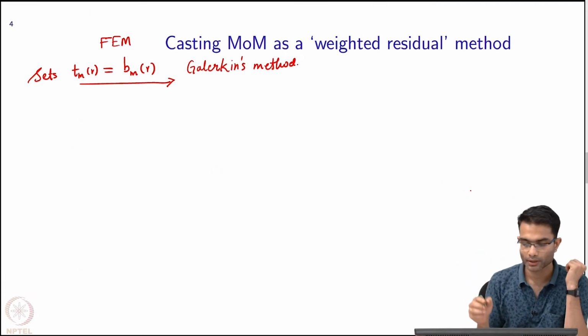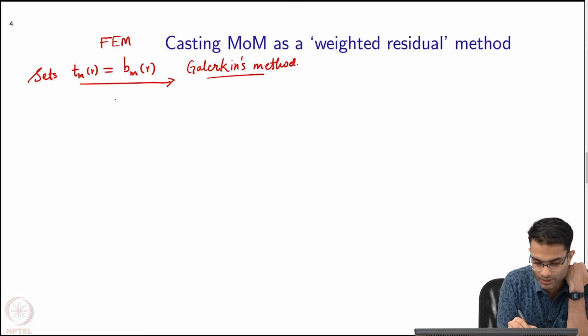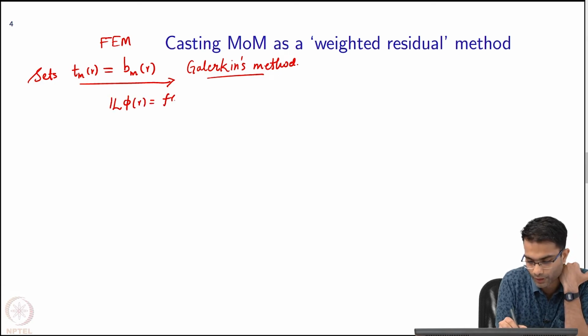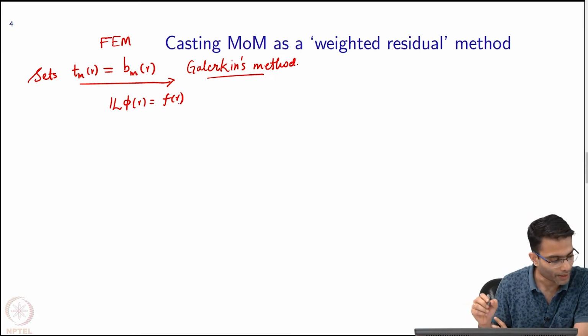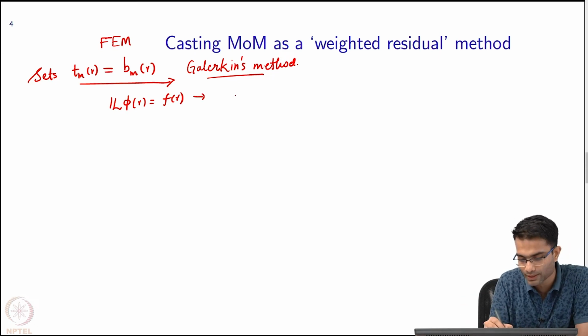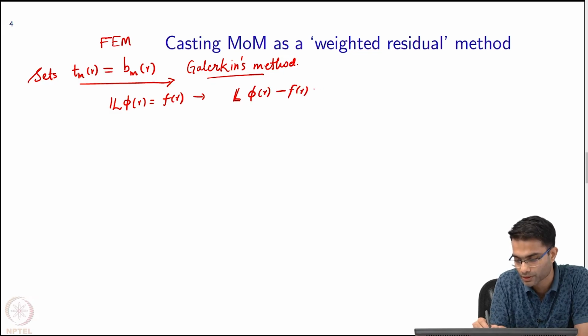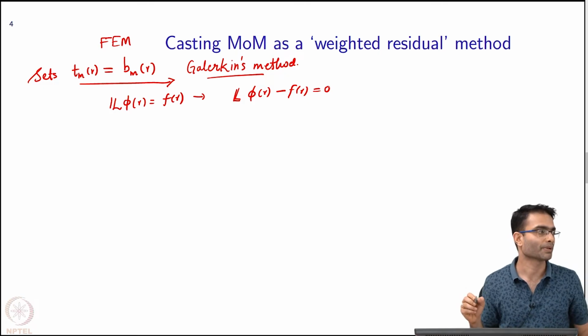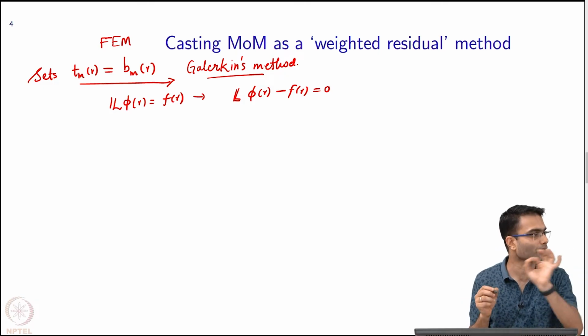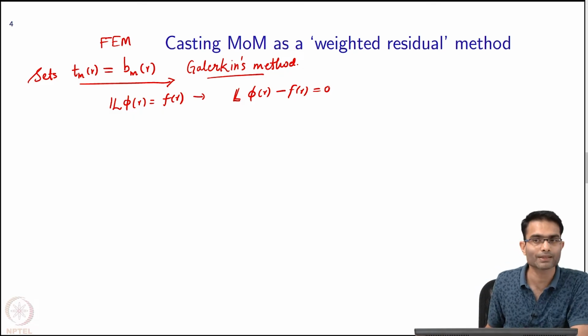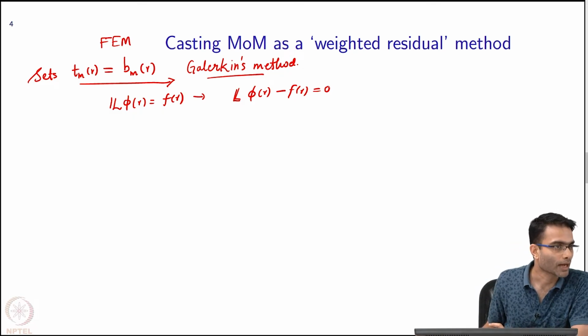So, what we can do with this is, this same equation that I had, L of phi of r is equal to f of r, okay. What I will do is rewrite this in the form L phi r minus f of r is equal to 0, okay. Previously we were enforcing this at just 1 point. Now what we say is, to get better accuracy, I am going to use a testing function other than a delta function, and that is the same as the basis function in FEM.